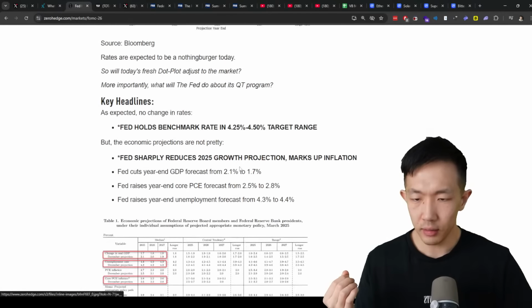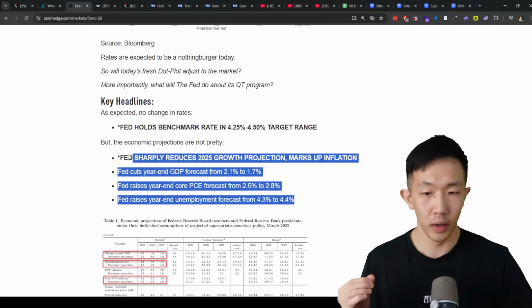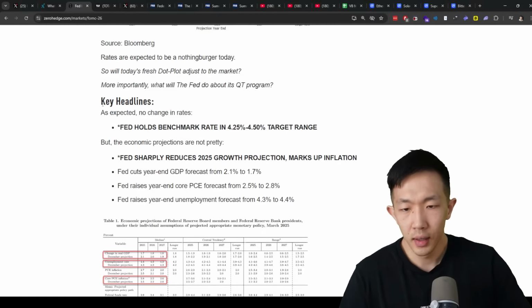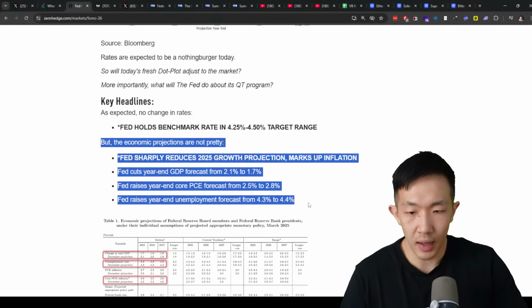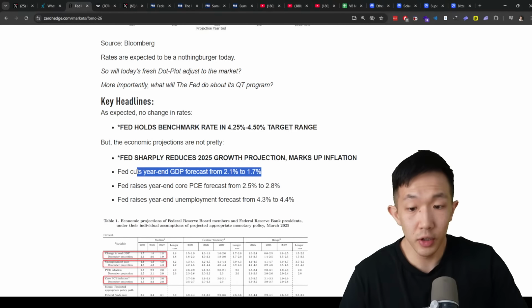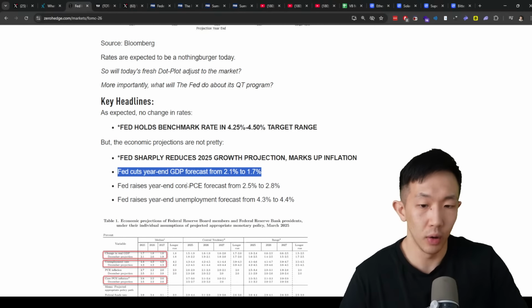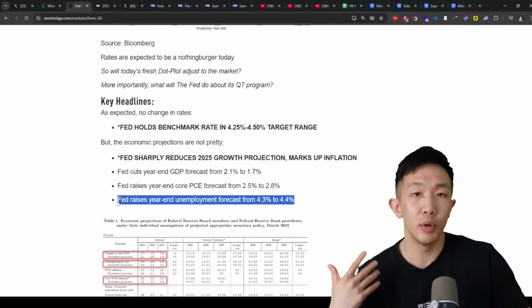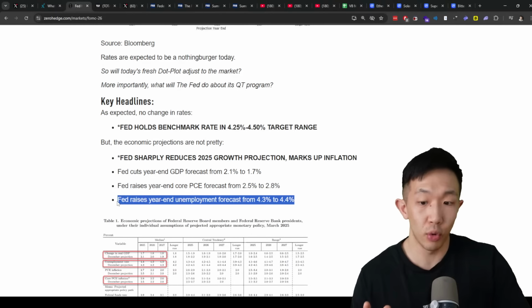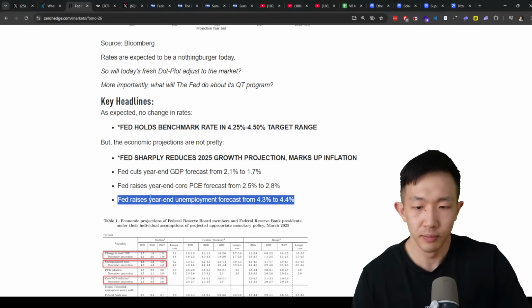this today, which is quite worrying, honestly, which is that they held rates and they have stated that year-end GDP forecasts are lowered from 2.1 to 1.7%. And unemployment rate targets have been raised from 4.3 to 4.4% by the end of the year.